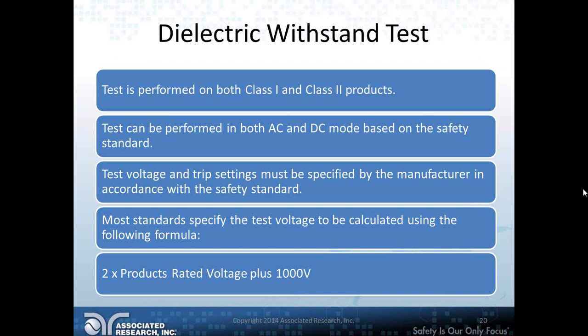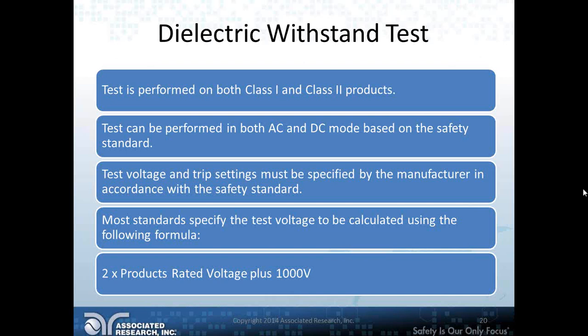The insulation resistance test is used to provide manufacturers with a quantifiable value for the resistance of their product's insulation. The insulation tester applies a DC voltage across the insulation of a product and measures the corresponding leakage current, which is then used to calculate the resistance of the insulation.